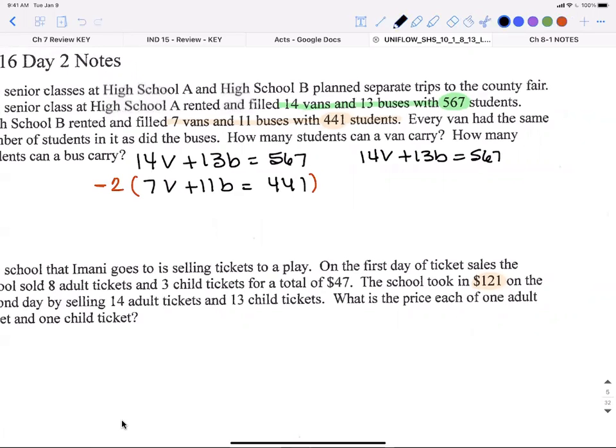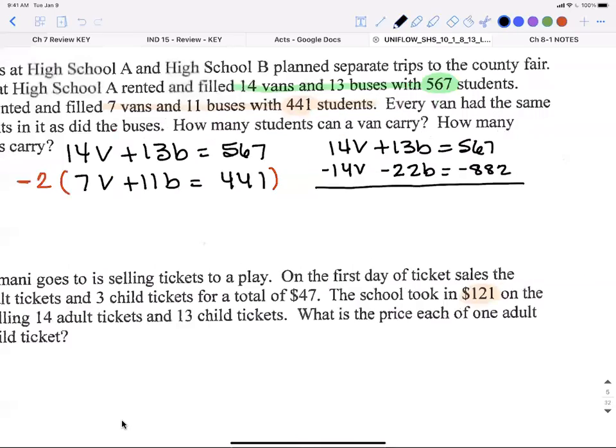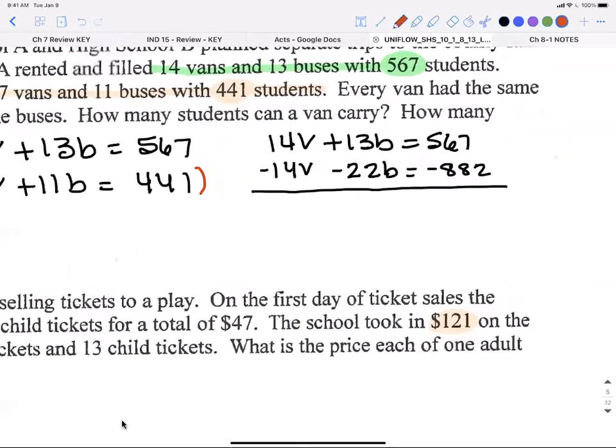I do have to run a negative through my bottom. So my bottom equation is -14V, -2 times 11, don't forget that middle term, is -22B. And then -2 times +441 is -882. Okay, now I've run the negative through all 3 terms, and I have forced what I wanted, which is that the 14V and the -14V cancel out.